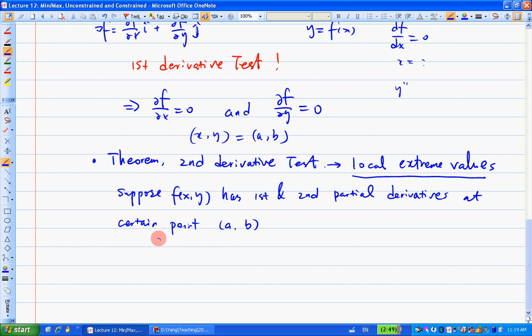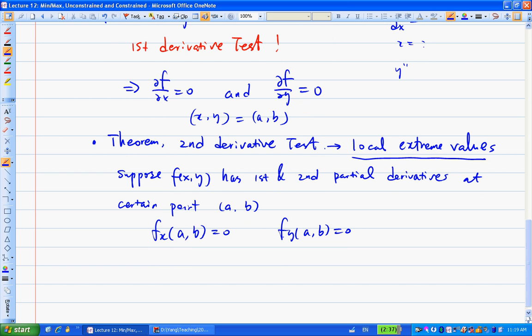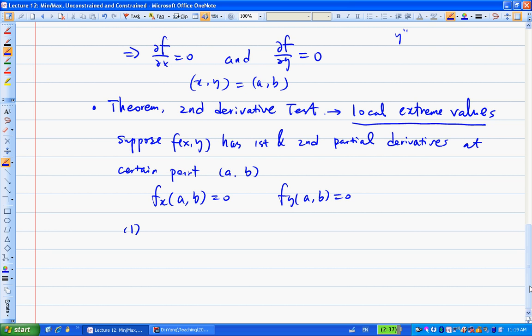So now I'm going to write here: this is 0, and this is 0. Okay, so with the first partial derivatives 0, we have 4 different situations for the second derivative test.